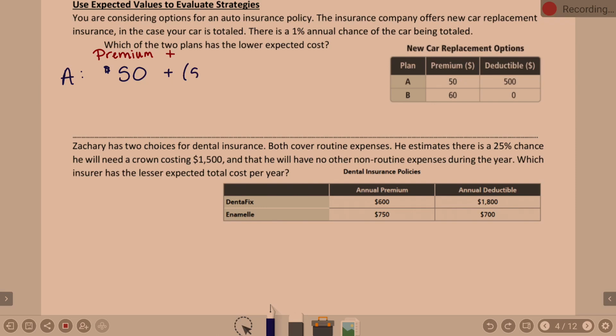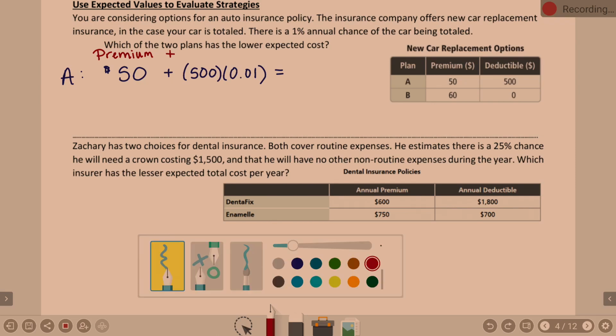So we might have to pay the deductible of $500. There is a 1% chance. And that's how much option A is going to cost me. I'll put it up here: premium and deductible.